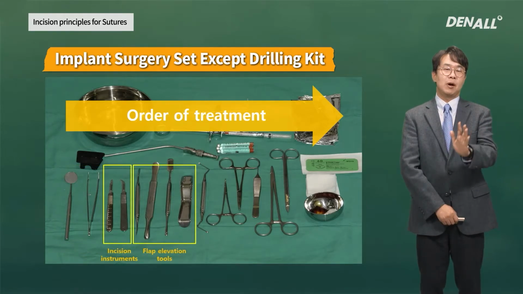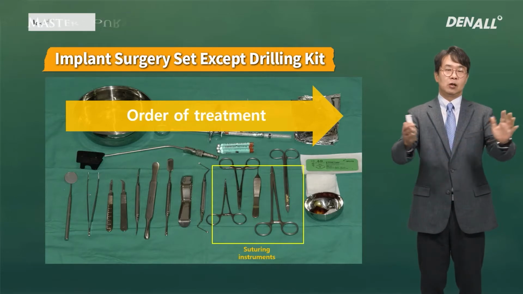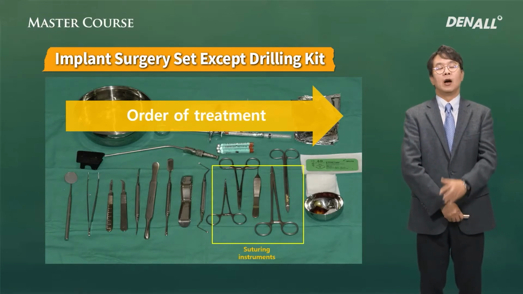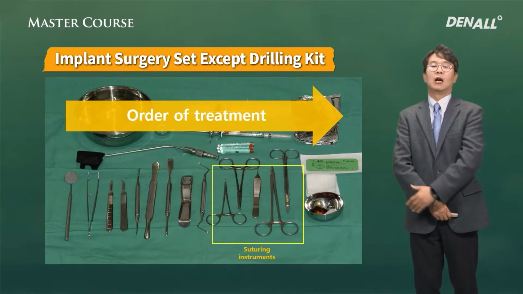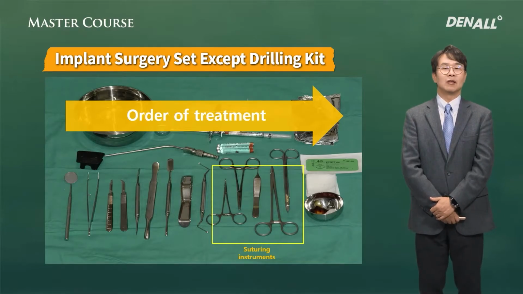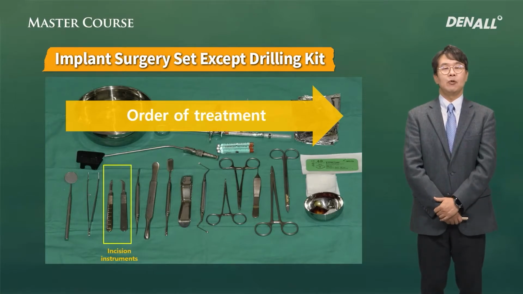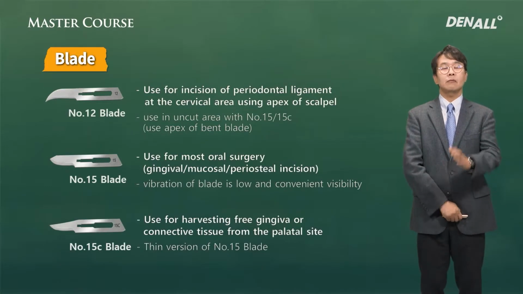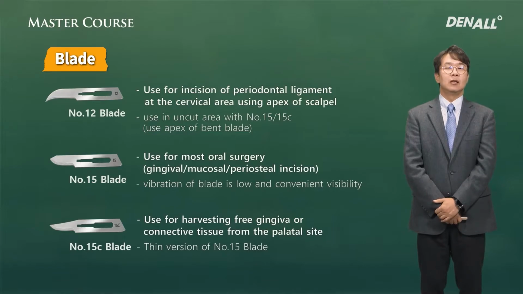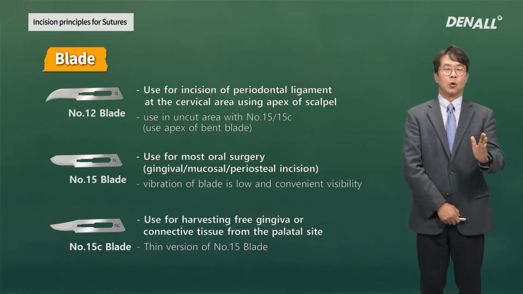They are lined up in the sequence of the steps of surgery, and you will have fewer difficulties if those are aligned like that. Let's look at incision instruments. The blades most commonly used are number 12, 15, and 15C.